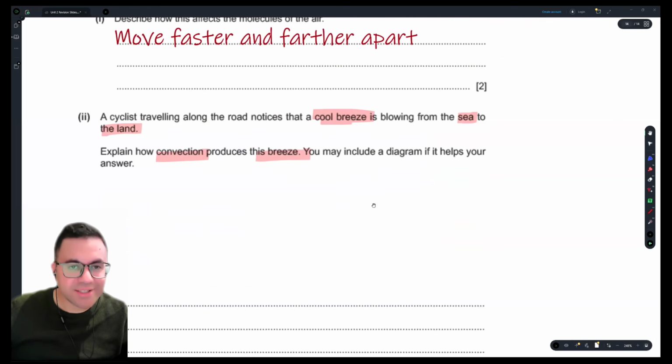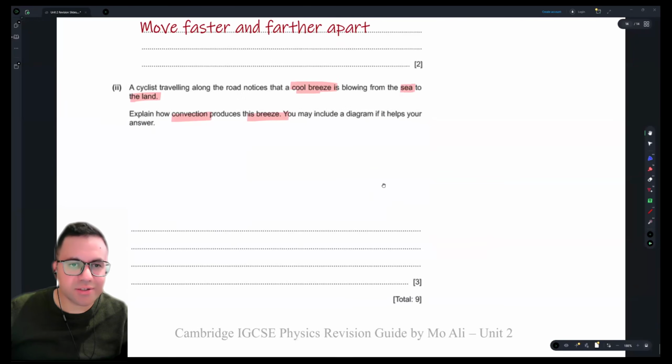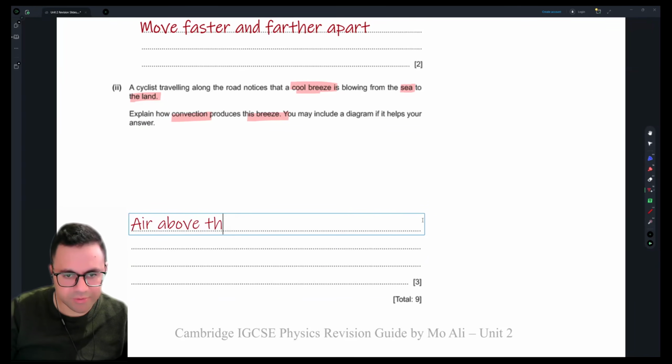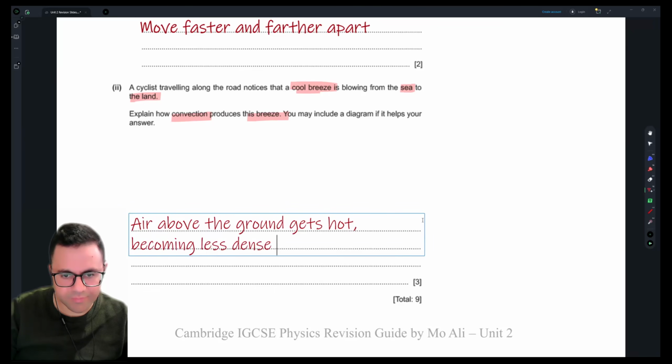So do I need to sketch? Not really, but sketching will help. Okay. So the air above the ground gets hot, becomes less dense, and rises.